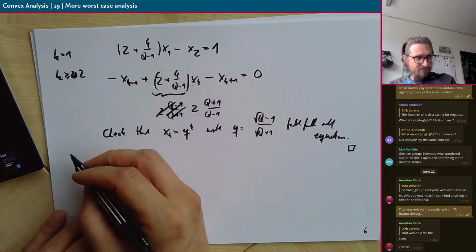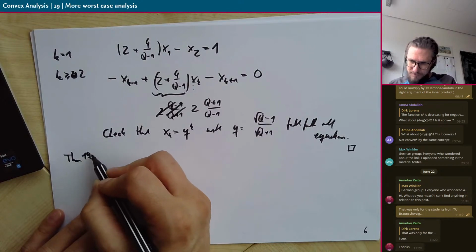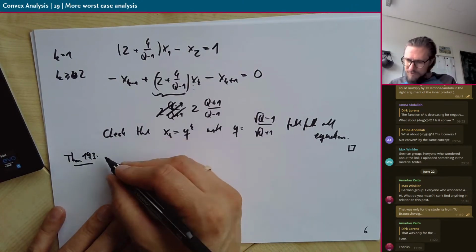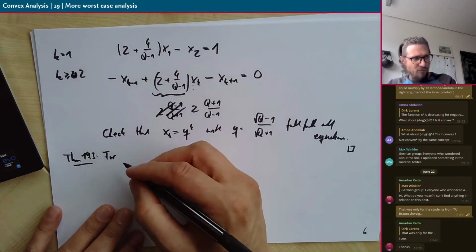So now we just call it theorem 19.3. It's now formulated in infinite dimensions, but it's not more difficult.